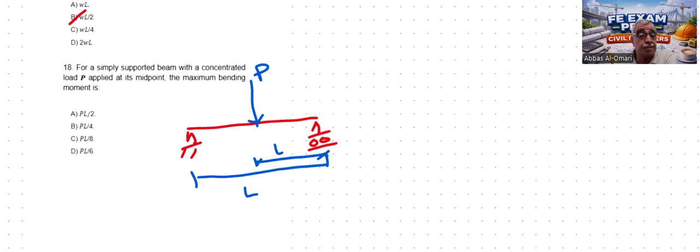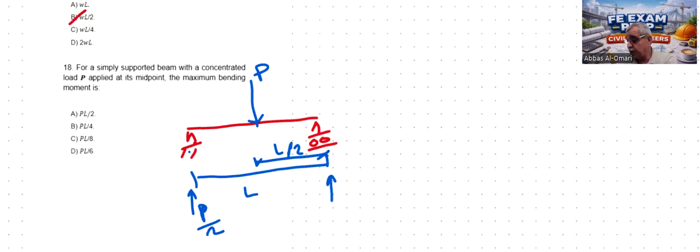So the maximum bending moment, we know, in this case occurs at midspan, at L over 2. First the reactions, again because of symmetry: half of the load will go to this support and half will go to the other support. So this is going to be P over 2, the reaction, and this is also P over 2.